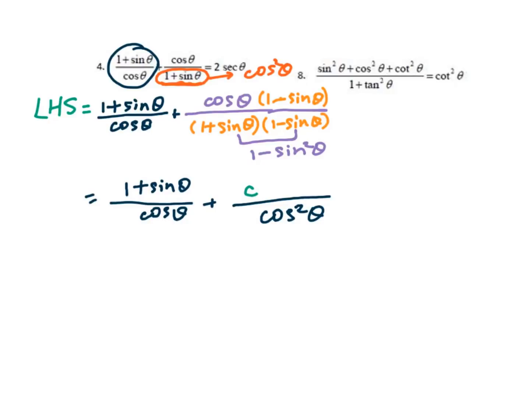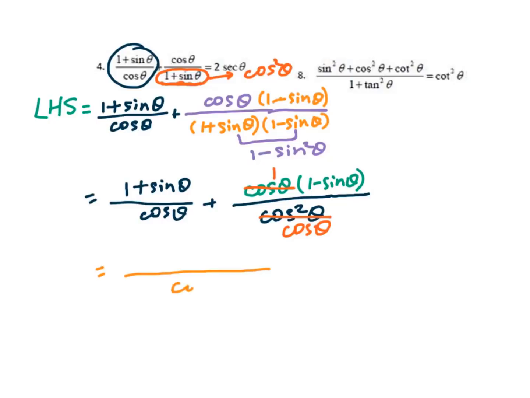Look at the top, we got the cosine theta times 1 minus sine theta. Then we can reduce cosine theta. Remember, don't do the distributive property during the process of verifying trig identities, because we want to reduce the factor.